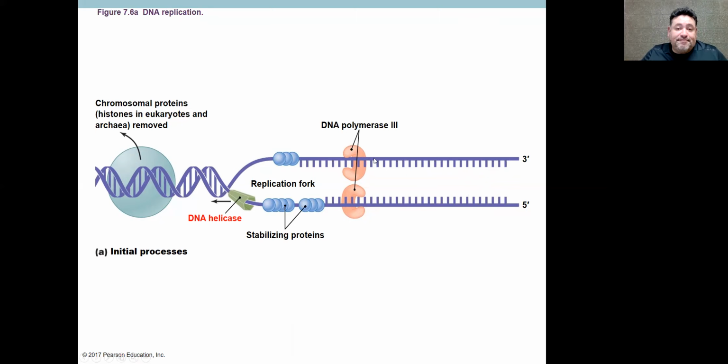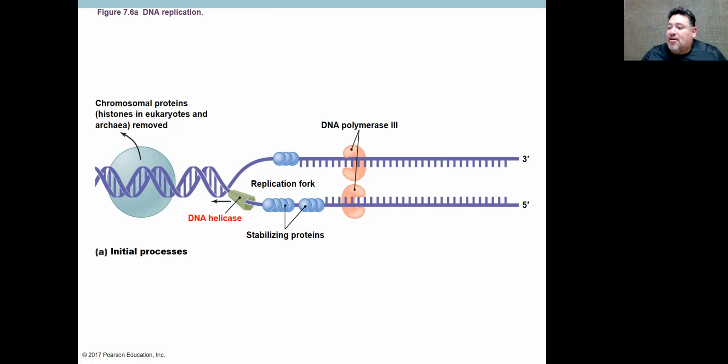Now, these two strands, they want to come back together because remember, originally they were being held by hydrogen bonding. And the hydrogen bonding acts like little magnets that want to attract these complementary strands of DNA. So we can't allow that to happen. So what happens is that these stabilizing proteins come together with the DNA and they hold it apart, okay?